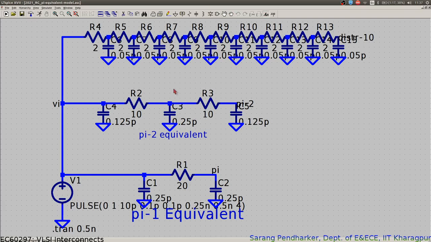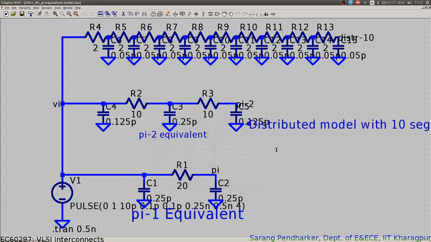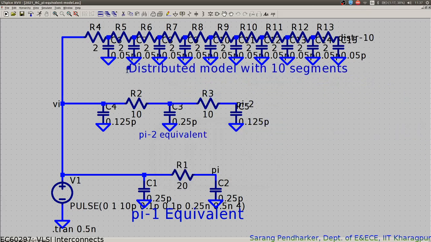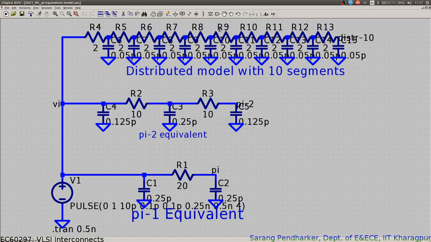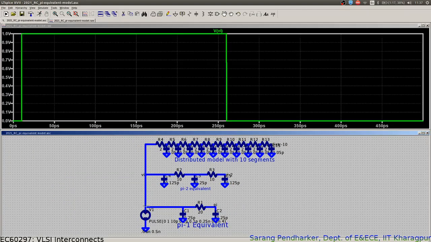So let me include some text here to identify that. So this here is a distributed model, the top one. Now let us simulate it and see.